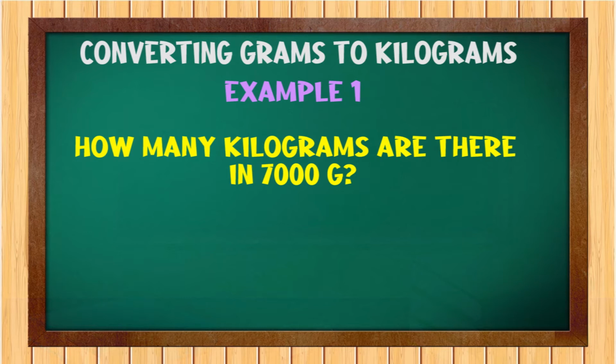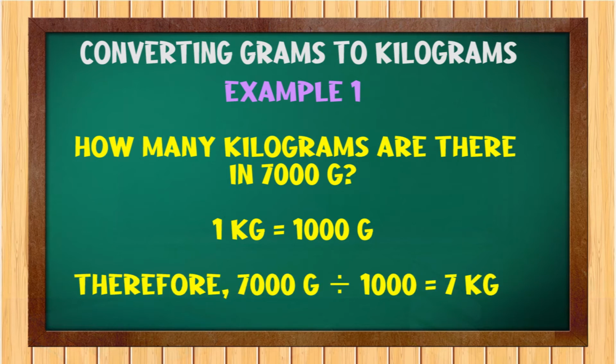Remember, 1 kilogram is equivalent to 1,000 grams. Therefore, we divide 7,000 grams by 1,000. If we cancel out the 3 zeros, we'll get 7 as our answer. Therefore, 7,000 grams is equivalent to 7 kilograms.